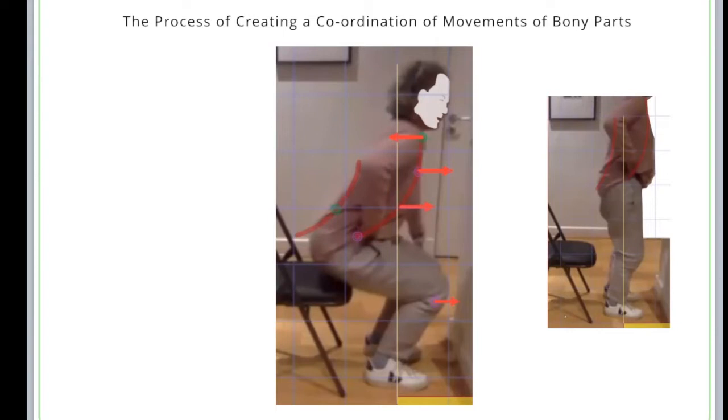Is it possible to consciously guide and consciously control these movements? So the conscious control of the movements is here on screen. It's what we see. We see the person, in fact, deciding to respond to an instruction. The instruction was, please, could you stand up?